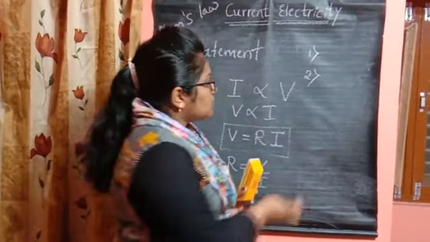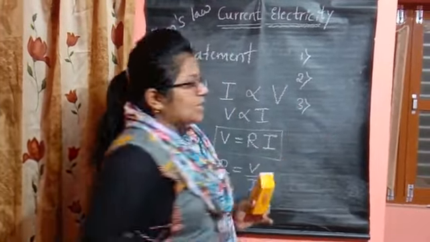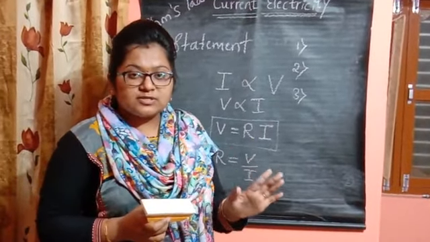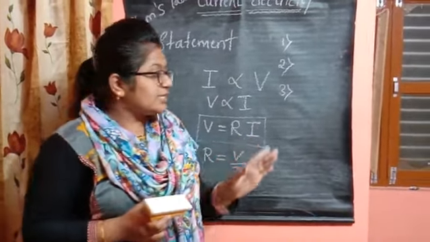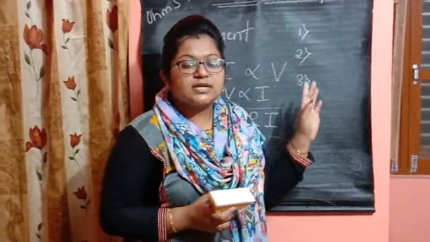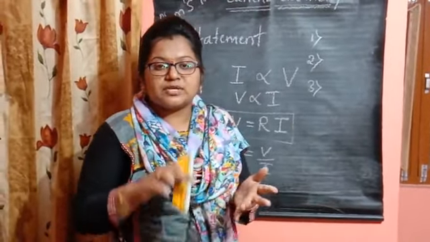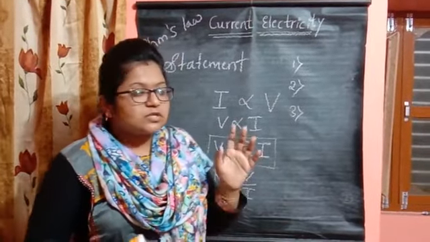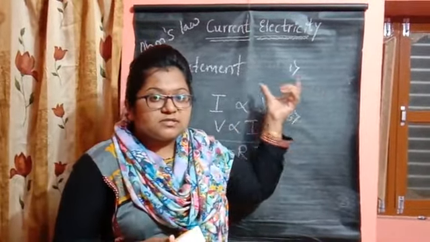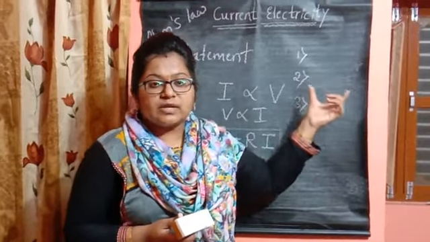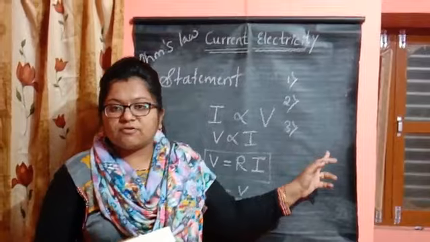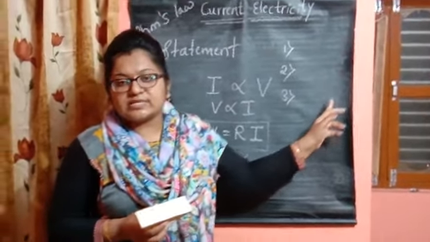The third thing, as in the statement itself, is that Ohm's law holds good only when the physical conditions of that conductor remain constant. That may be temperature, pressure, volume, density, dimensions, anything. But the conductor's physical conditions should remain constant. So this is the third limitation.